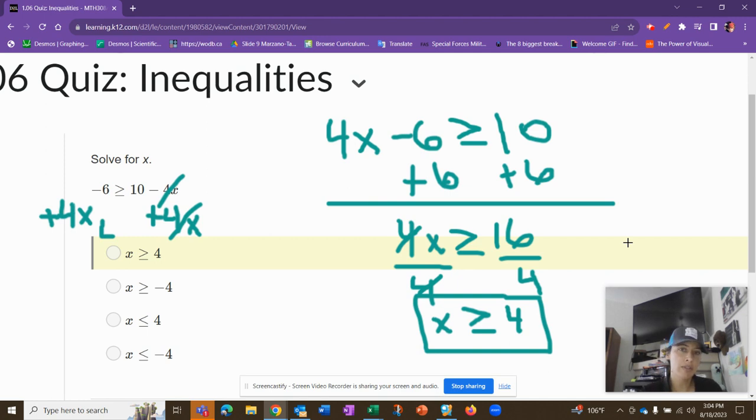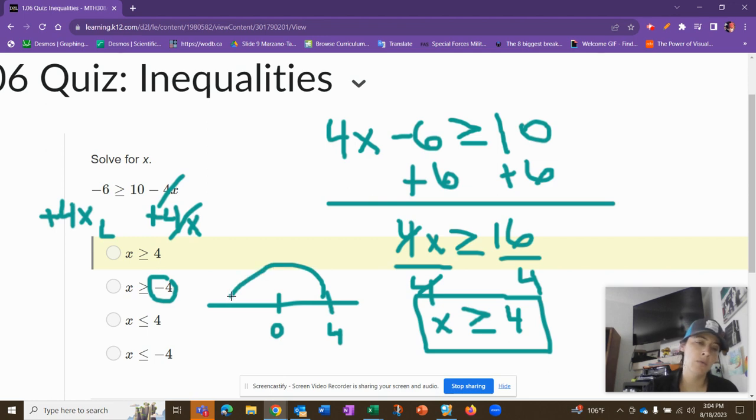Division and multiplication in inequalities, when you're solving, you only flip if you're dividing by a negative or multiplying by a negative. Otherwise, if it's a positive number, it's fine. Think of it as the negative meaning the opposite. So again, this is the opposite of 4. You can think about that on a number line. If this is 0, and here we're at positive 4, where's the opposite of 4?